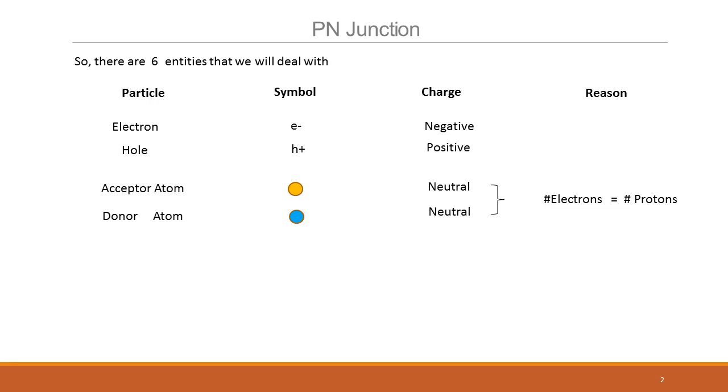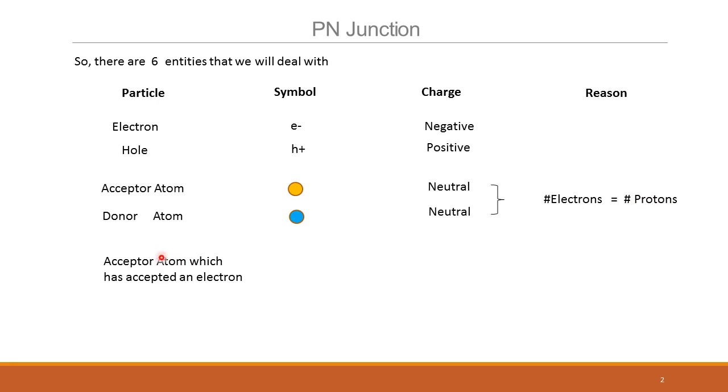This is also neutral, as we just said before, because the number of electrons equals the number of protons. This has 5 in the outer shell, this has 3 in the outer shell, but the total number of electrons in all the shells is equal to the total number of protons in the nucleus. So they are electrically neutral.